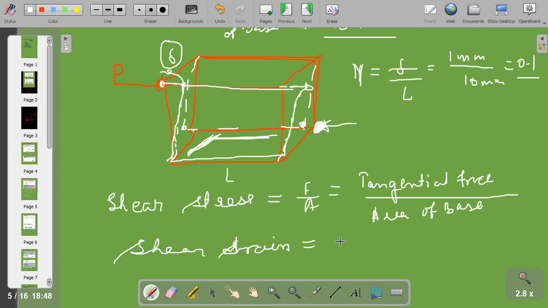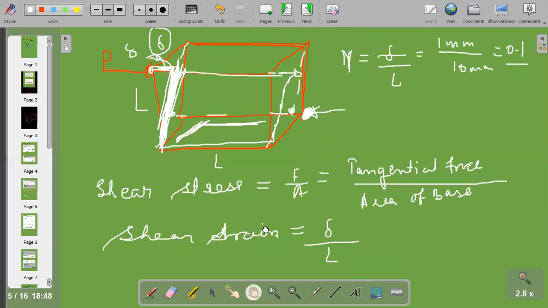And shear strain is delta by L. This is the delta displacement, and L is whatever length which is displacing. This is called L. Now I think it is clear about the formula.